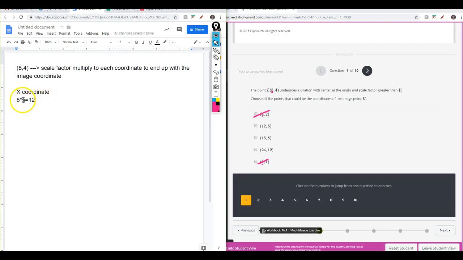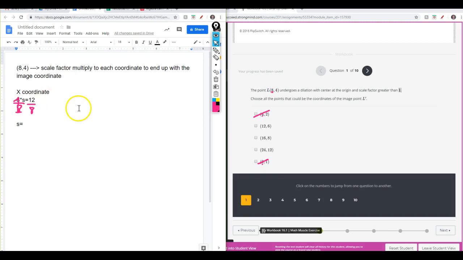We're going to check to see if our scale factor is greater than 1, and it has to be the same for the y-coordinate. So here we would divide by 8 on both sides. 8 divided by 8 reduces down to 1, and the scale factor is 12/8.